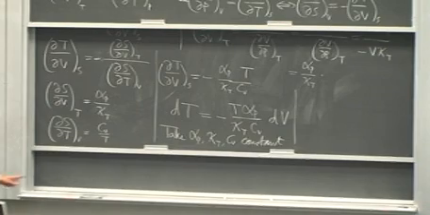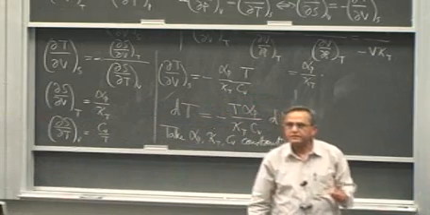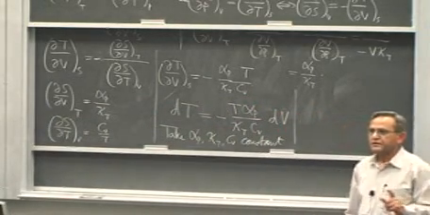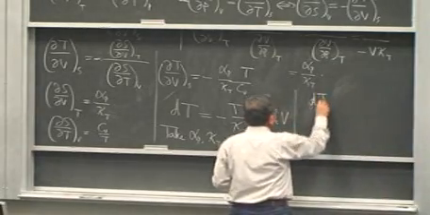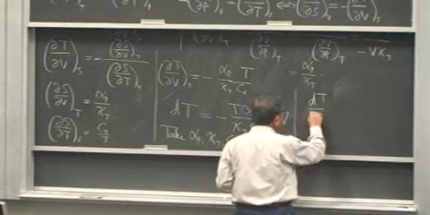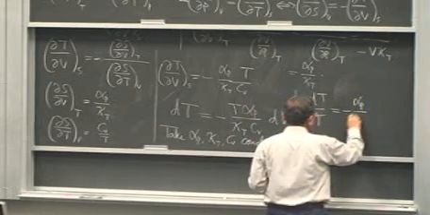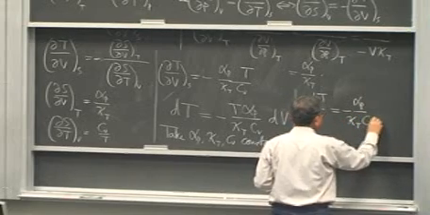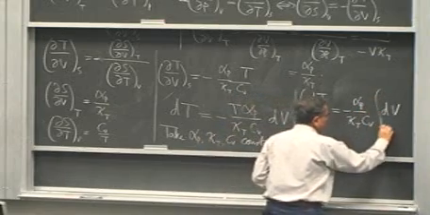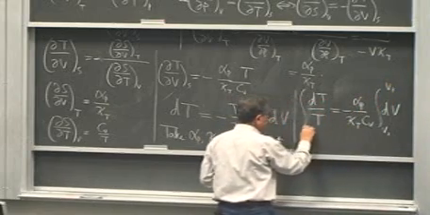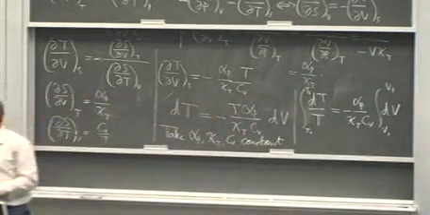And therefore, over here, you have dT over T equal to minus alpha P over kappa T CV times dV, and you can integrate them from V1 to V2 and T1 to T2. All right?